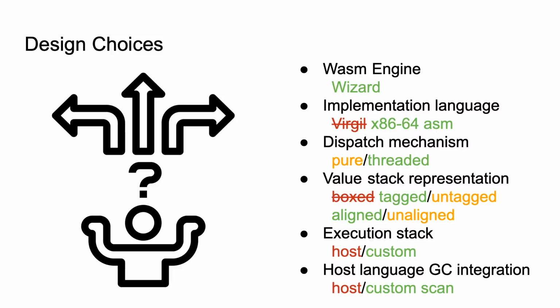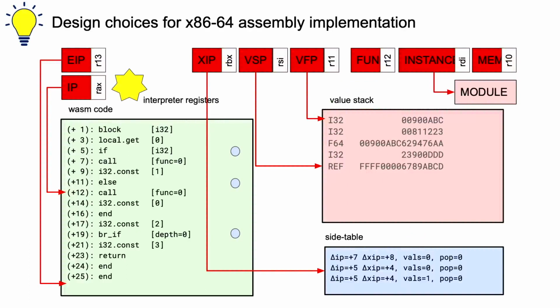The other thing is that value representation and that value stack is going to require some tricks to integrate the host GC. Because I'm basically putting Virgil pointers into a data structure, because I'm writing it all in x86 assembly, that the host, therefore the Virgil garbage collector, doesn't know. So you need to actually tell it about it. So there's a little plug-in in the runtime where you can add a scanner to tell it about some pointers that it otherwise wouldn't know.